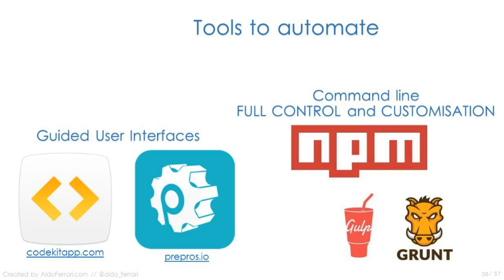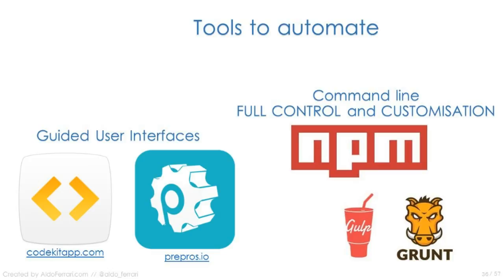So now we are at the point of how we compile. We have two main ways to compile our Sass, or to compile something in general. We have the graphical user interface, so applications, for example CodeKit or Prepros.